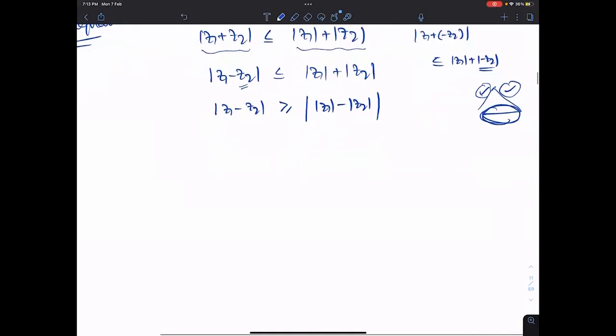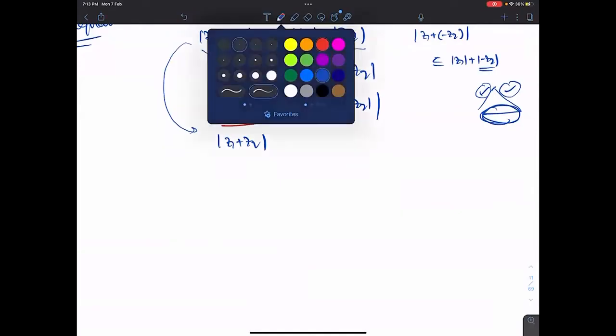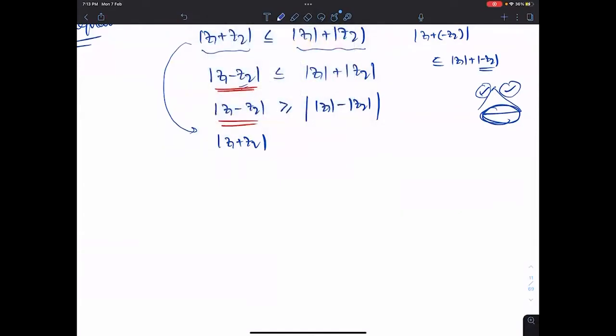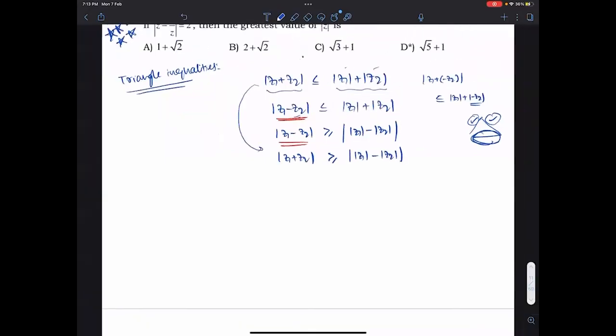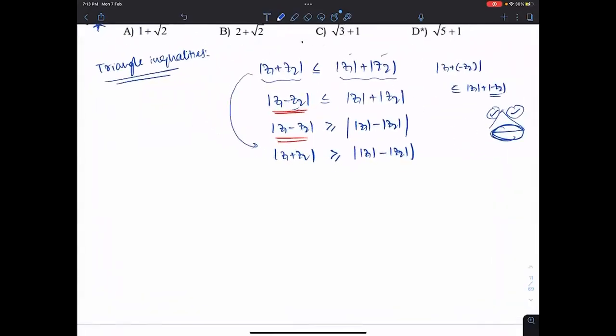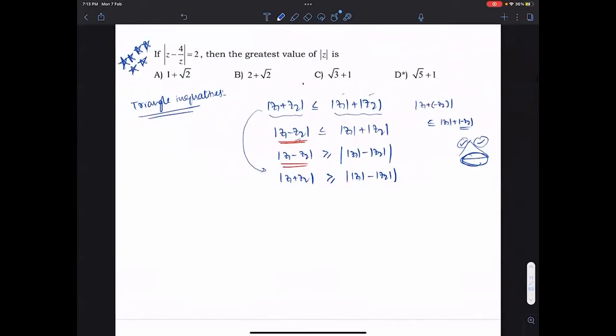And last but not least, mod of Z1 plus Z2 is again always greater than or equal to the difference, mod Z1 minus mod Z2. For each, we have used the sum of two sides as well as the difference between the sides. So a total of 4 inequalities are there. That's all; this question is that only.